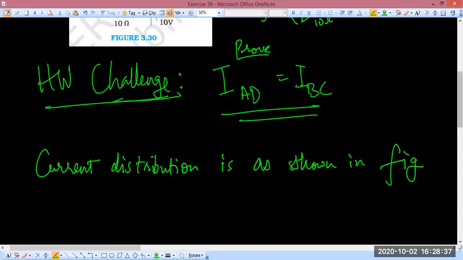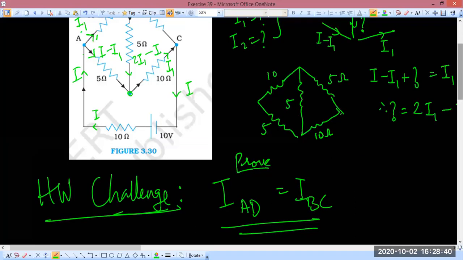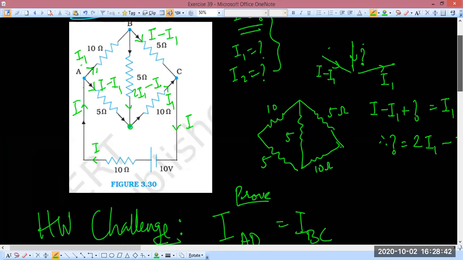Right. Now, so we will use loop rule. Okay, so first time એક છે ને આને x કહી દો ને આને y.